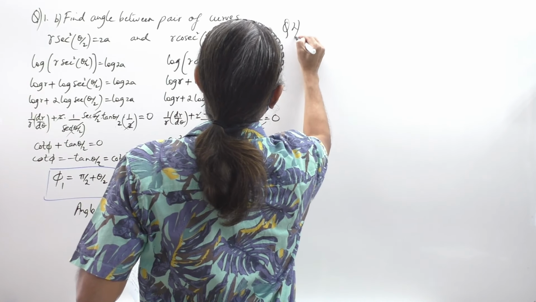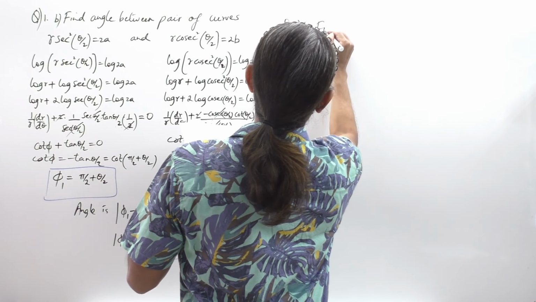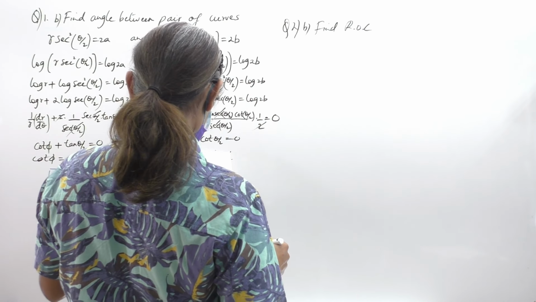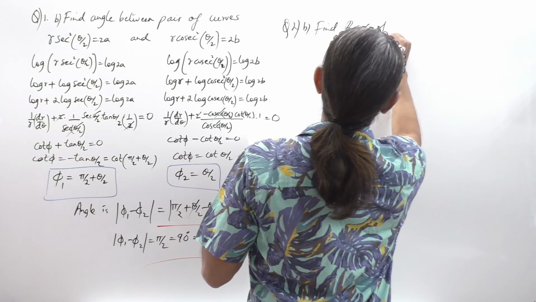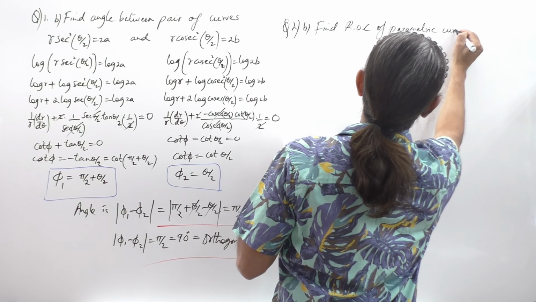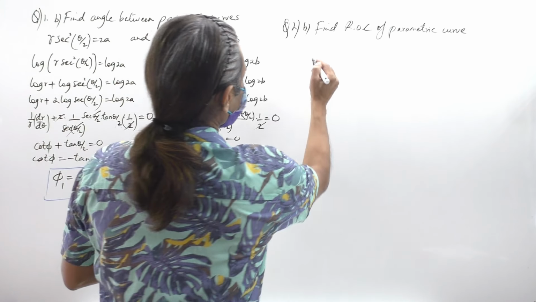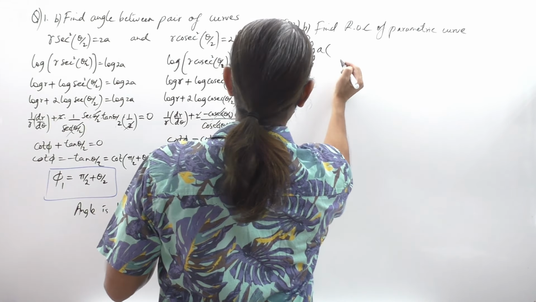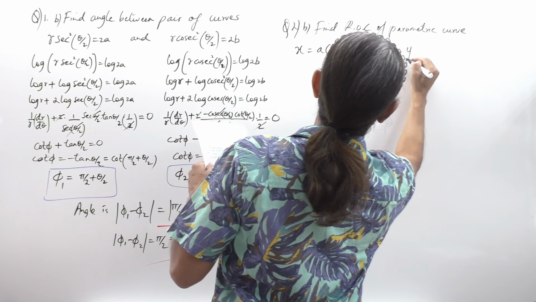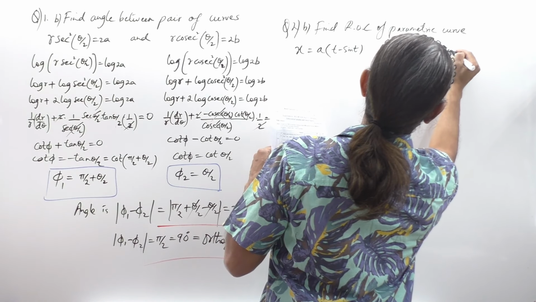find the radius of curvature of the parametric curve. It says x is equal to a into t minus sin t and y is equal to a into 1 minus cos t.